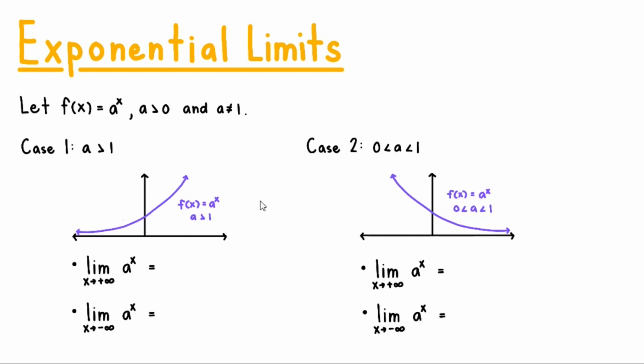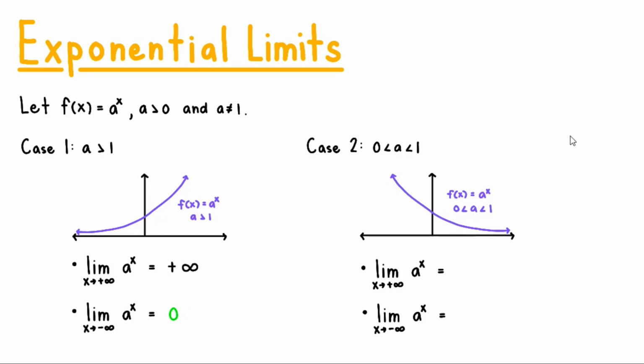For this first case, as x goes to infinity, it would look something like this, so this area. And clearly the value out here goes to infinity. Now for this next one, as x goes to negative infinity, this area out here, it goes to 0. So these are the two limits at infinity for the first case.